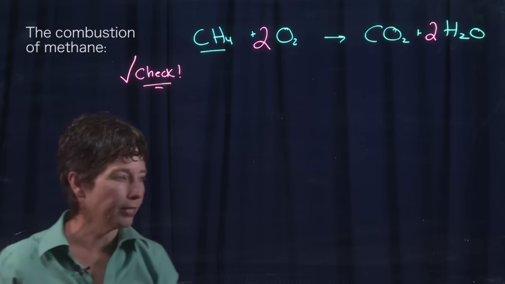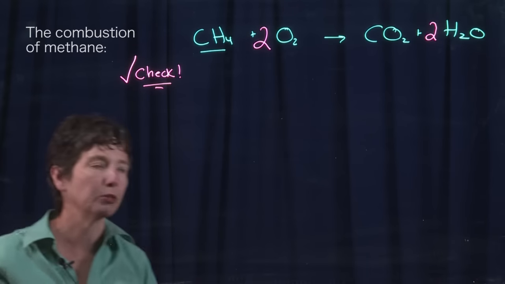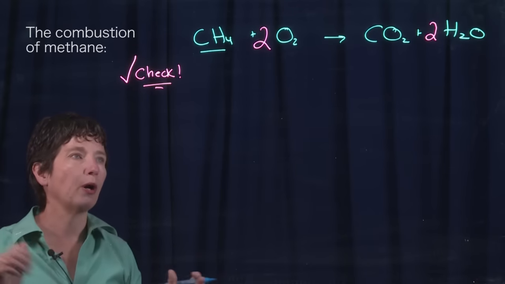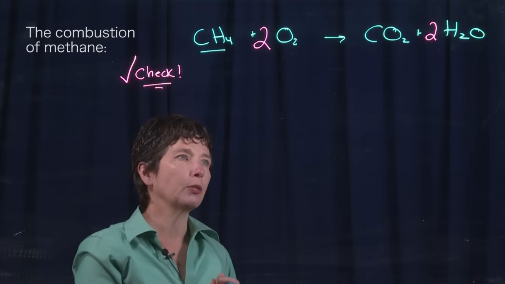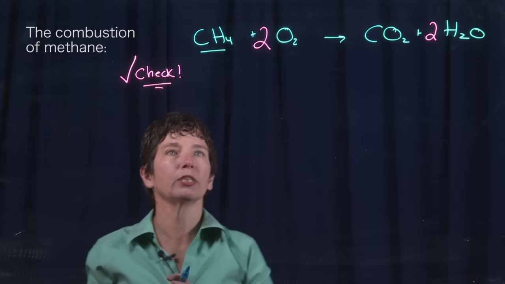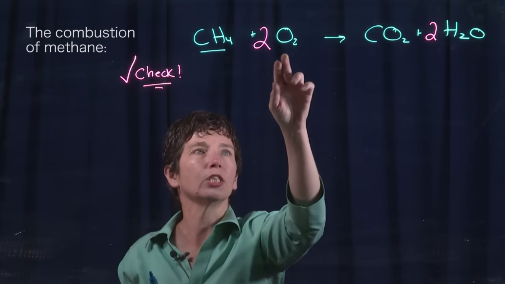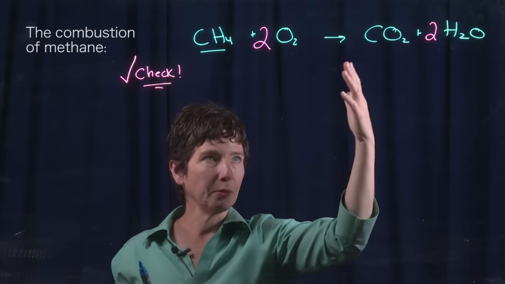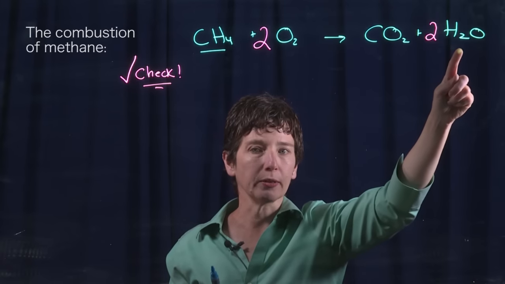So that's great. That's the starting point for almost anything that we're going to do in chemistry, and that's going to be true throughout your career in chemistry. So a balanced chemical equation, in chemical terms, what we're saying is that 1 mole of methane plus 2 moles of oxygen reacts, combusts, to form 1 mole of carbon dioxide and 2 moles of water.